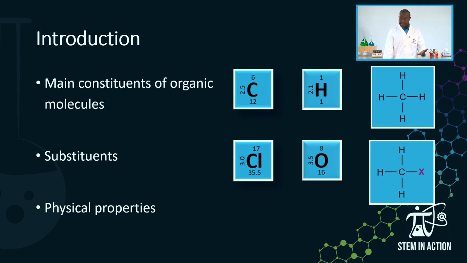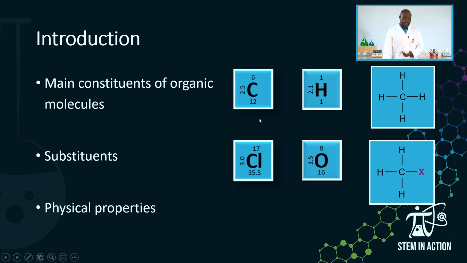Therefore, most compounds that contain only carbon and hydrogen tend to be non-polar compounds. Whereas for the bond between carbon and these substituent atoms, the electronegativity difference is slightly higher. As a result, you get bonds that tend to be polar. So bonds between carbon and most of the substituent atoms tend to be polar.